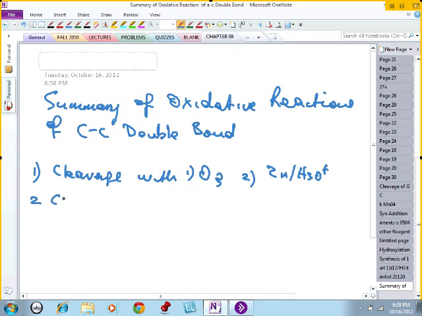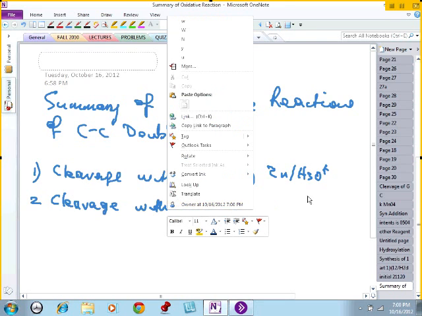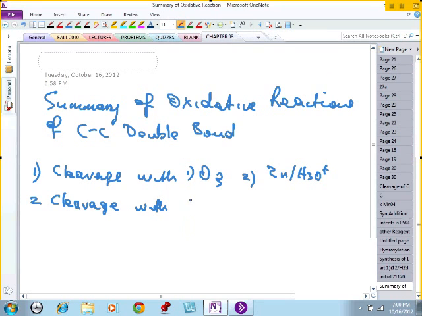Two, cleavage with potassium permanganate in acidic medium.